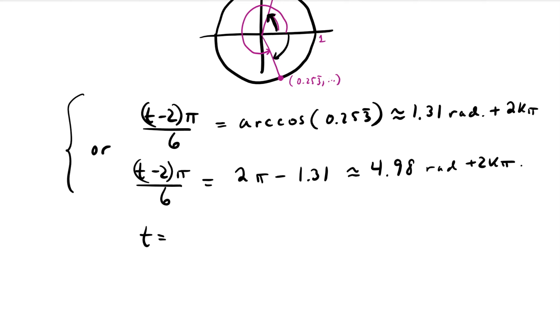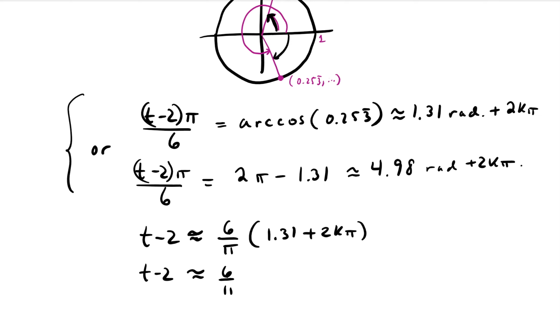So t minus 2 will be 6 over pi times 1.31 plus 2k pi. So this is, again, approximately. And here t minus 2 will be approximately 6 over pi times 4.98 plus 2k pi.